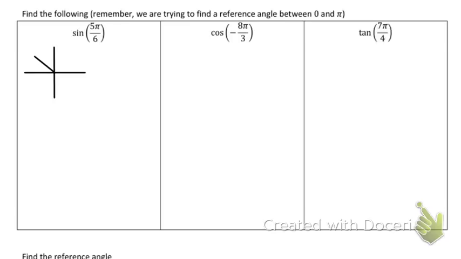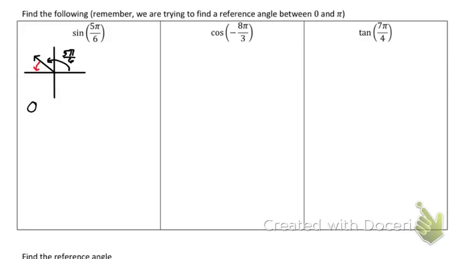So in my mind, I'm just kind of picturing it's out here. That is my 5 pi over 6. Finishing this off, in this case, I would normally do 180 minus my angle, but we're doing radians, so instead we're going to do pi minus it.